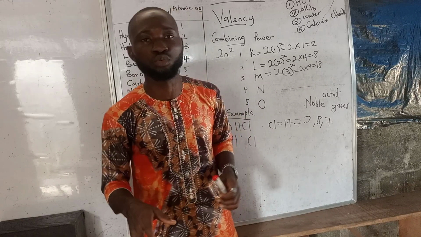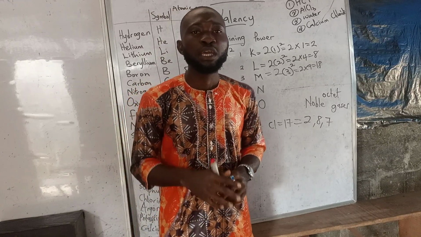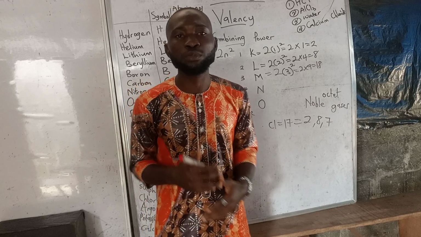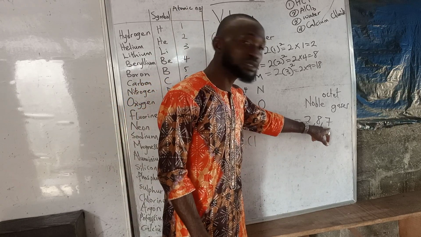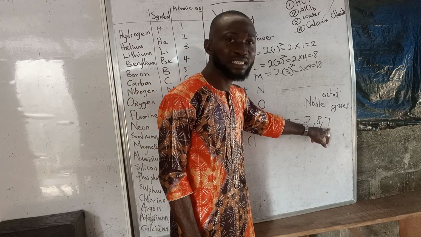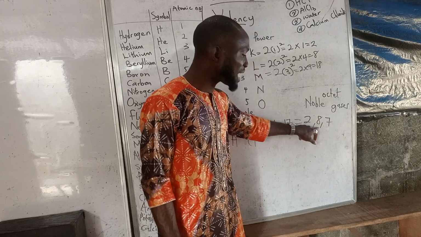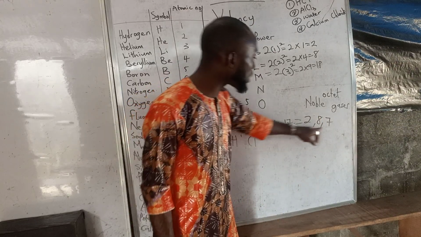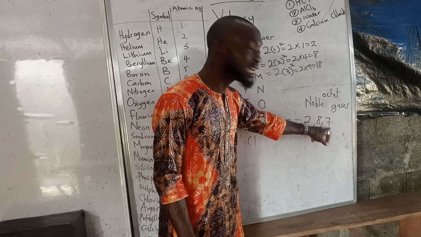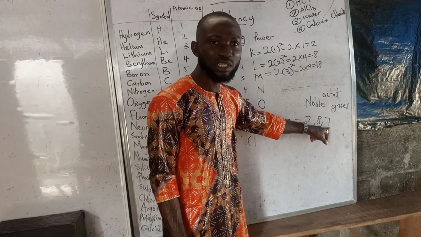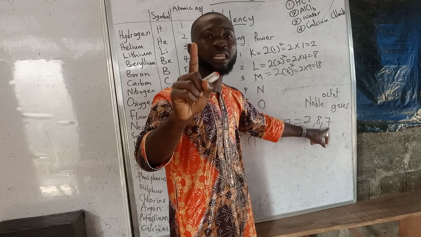They want to be stable too. So in the struggle to be stable, they will be looking for electrons either to complete this one to be 8 or to remove from it to complete 8 here. Now, if you look at chlorine with 17 electrons, the outermost electron count is 7, which means that it remains 1 to complete 8.